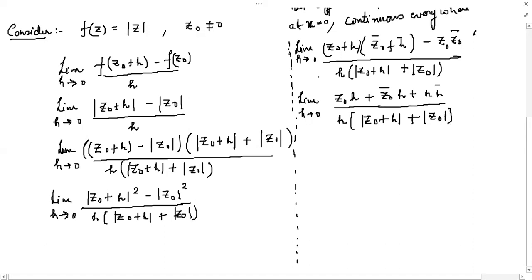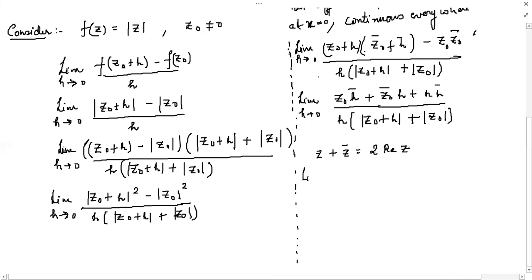Okay. Now I think this is z naught into h bar. Sorry about it. Now I hope it is clear. Z naught into z naught bar cancel, so that is not a problem. Now, as h tends to 0, if you remember, z plus z bar gives you 2 times the real part of z.